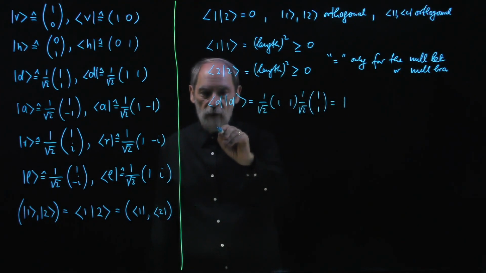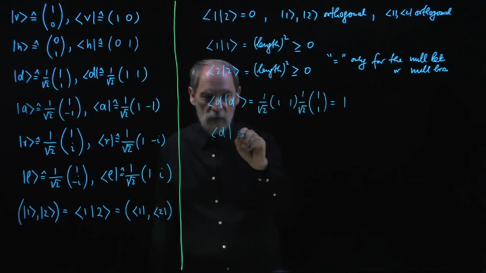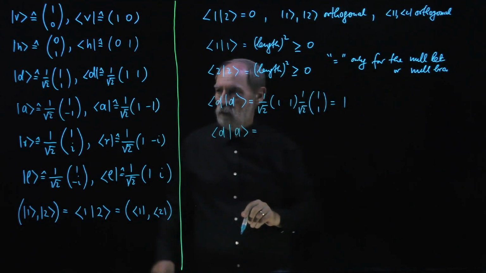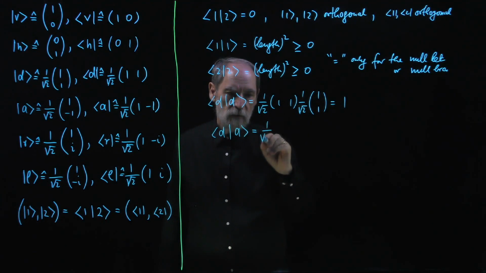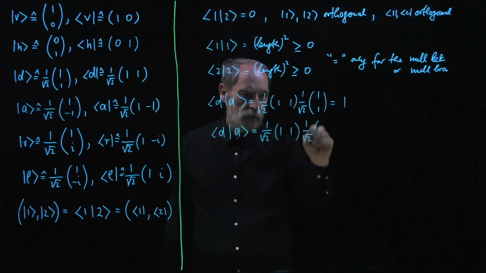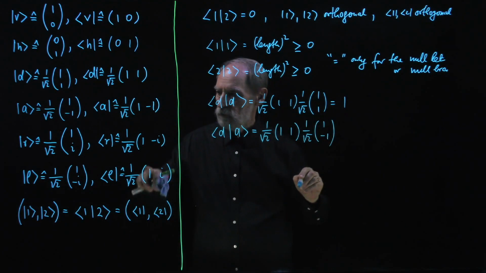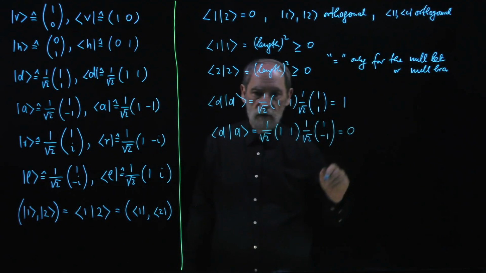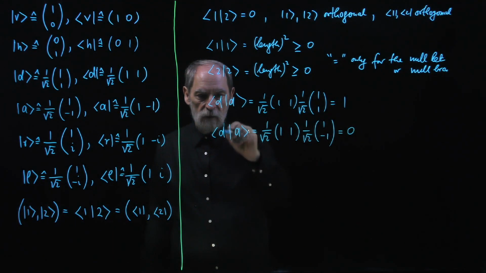Now, if I look at the product of diagonal and anti-diagonal polarization, well, that's the bra for diagonal and the column for anti-diagonal, which I read off here, and that is 0. So these are orthogonal.